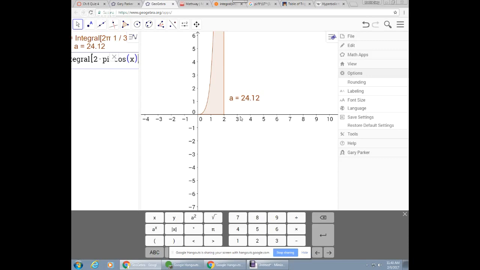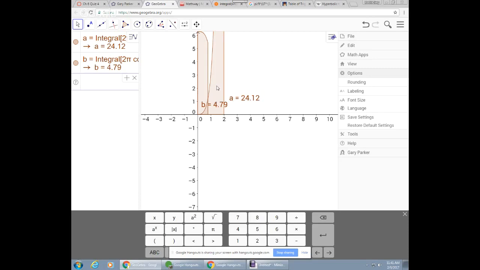Cosine of x times the square root of 1 plus sine squared of x. And I think I'm done with that. And we were going from what, 0 to pi over 4? And GeoGebra says it's about 4.79. And we have to settle for that since we don't have a technique to come up with the exact answer.